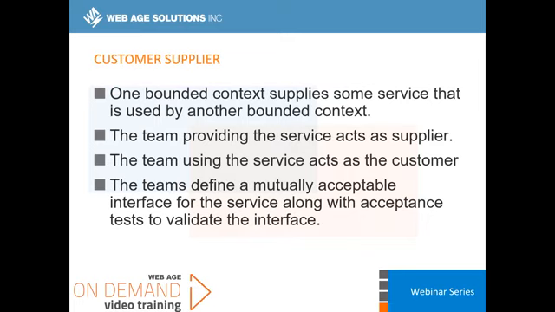Okay, and when the service interface is changed, then we now have failing tests, and the customer bounded context is now required to do the upgrade necessary to make the test pass.